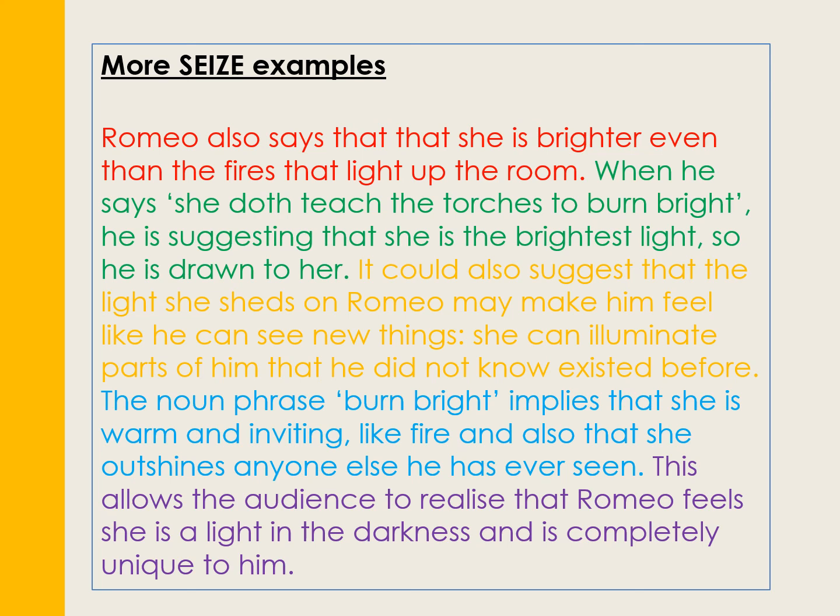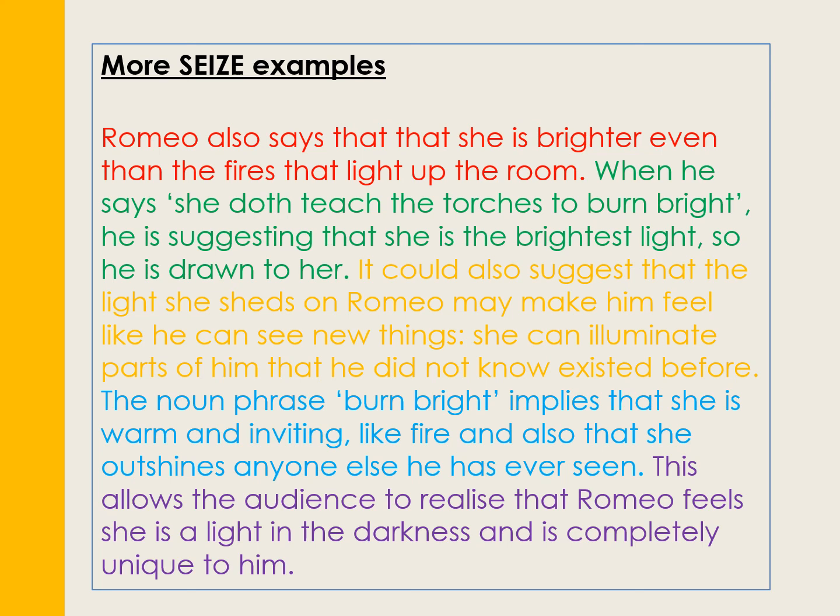Romeo also says that she's brighter even than the fires that light up the room. When he says she doth teach the torches to burn bright, he's suggesting that she is the brightest light, and so he's drawn to her. It could also suggest that the light she sheds on Romeo may make him feel like he can see new things.